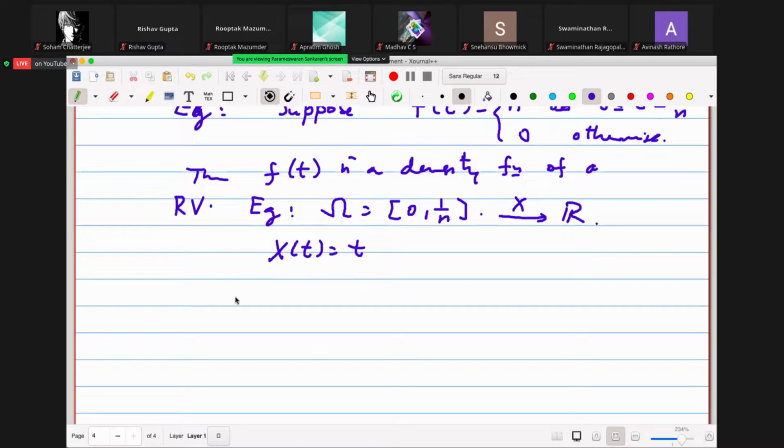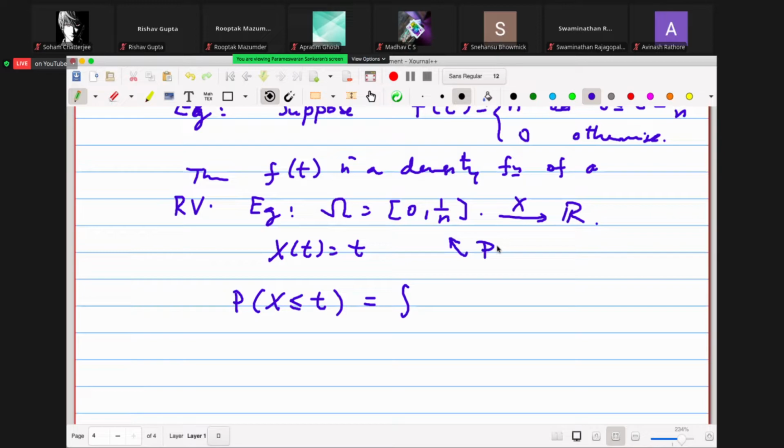And now what is the probability that X is less than or equal to t? I haven't told you what the probability is, so I must explain independently what this probability is on this one.